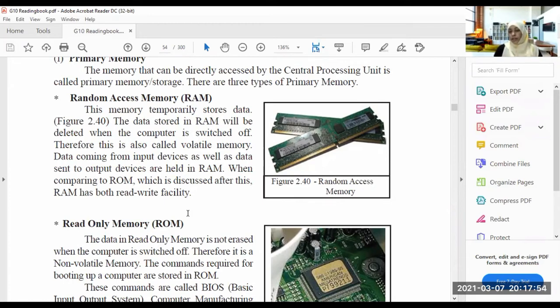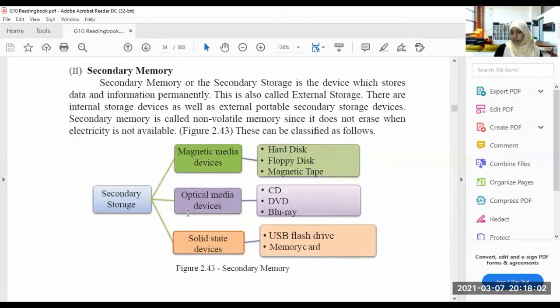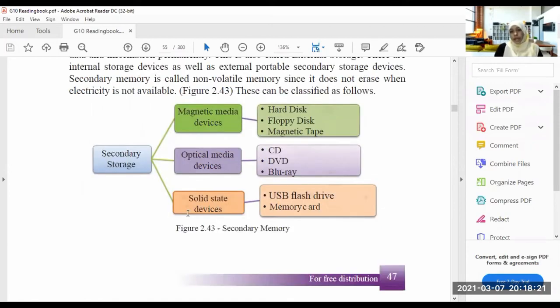That's why we call RAM volatile memory, right? So here we call the secondary memory non-volatile memory because when the computer shuts down or when the electricity goes off, the data and information won't be erased. That's why we call them non-volatile memory. And they are readable as well as writable. We can read data and information and we can write data and information in it.